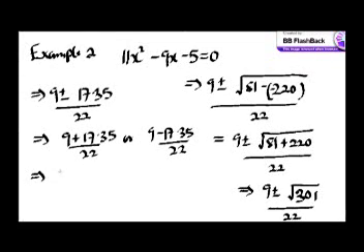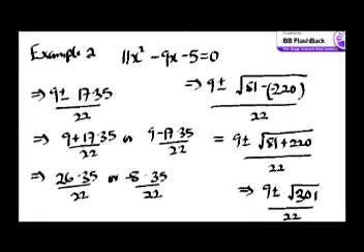So I'm having 26.35 over 22, or minus 8.35 over 22.